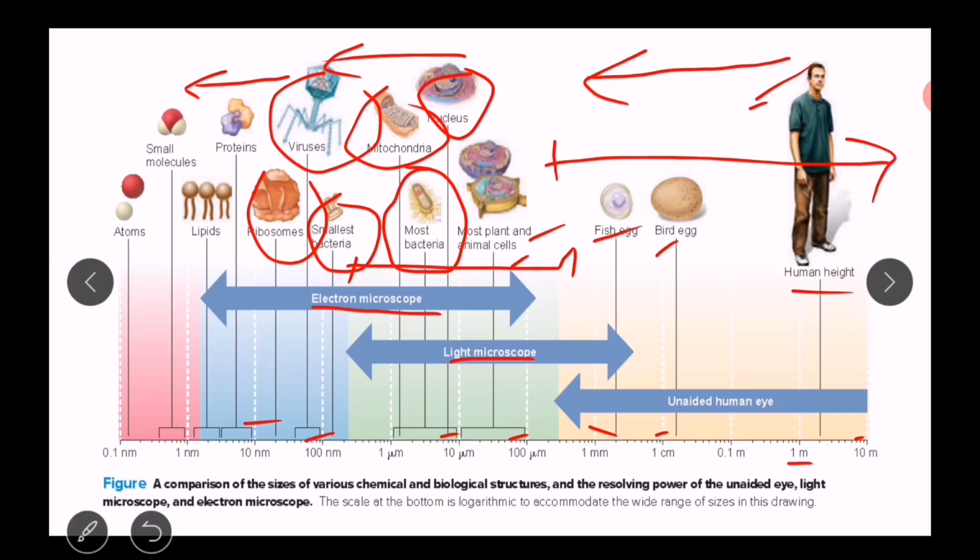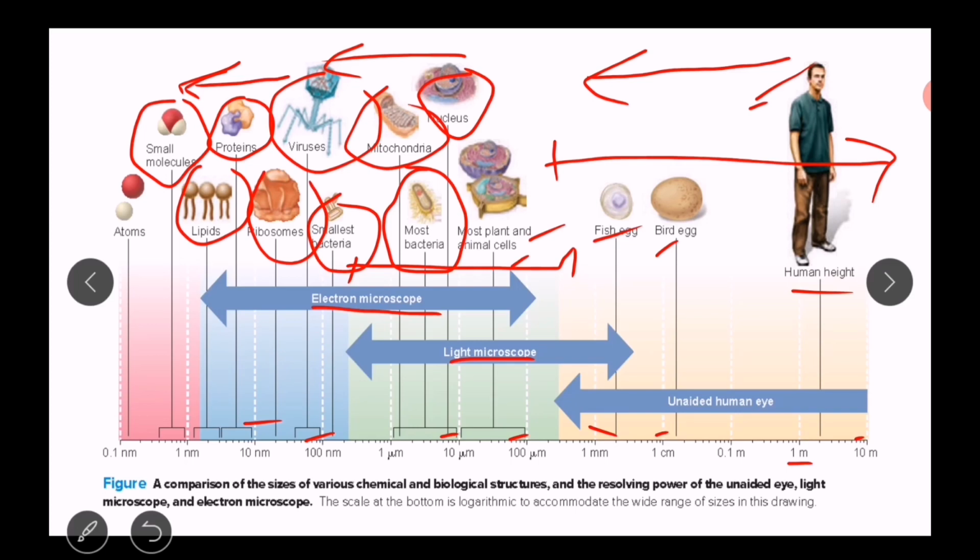Now further smaller size, we can still see with the electron microscope proteins and lipids. These are what? Macromolecules, larger size of molecules, lipids and proteins. We still can see with the electron microscope. And further smaller molecules are like water molecule, H2O molecules.